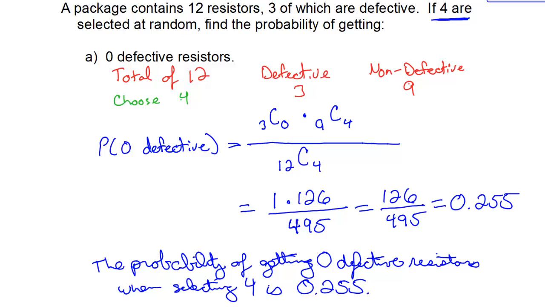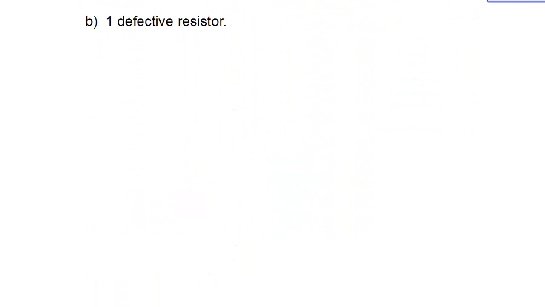Let's continue on using the same type of example. 12 resistors, 3 are defective. This time I want to get 1 that is defective. So again, I have a total of 12.